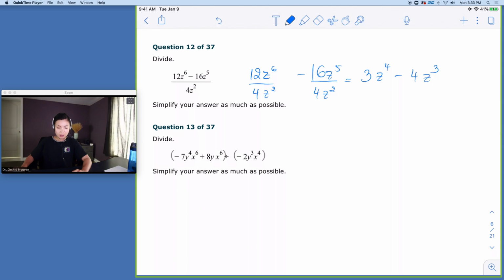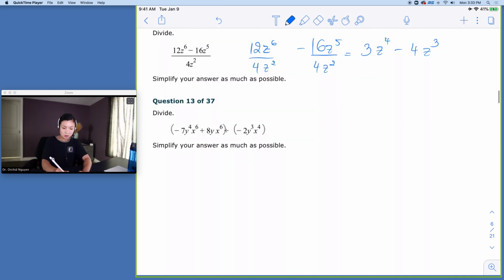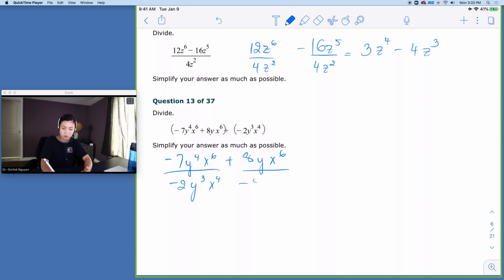What I have for number 13 is similar, except this time we have two variables, so it's slightly longer. I'm going to put negative 2y cubed x to the fourth. It's still a monomial, so it's quite easy.